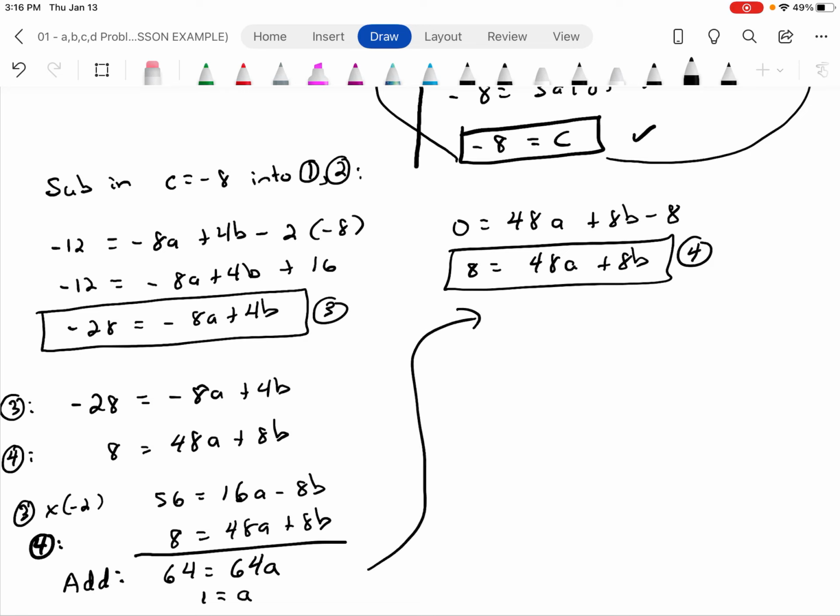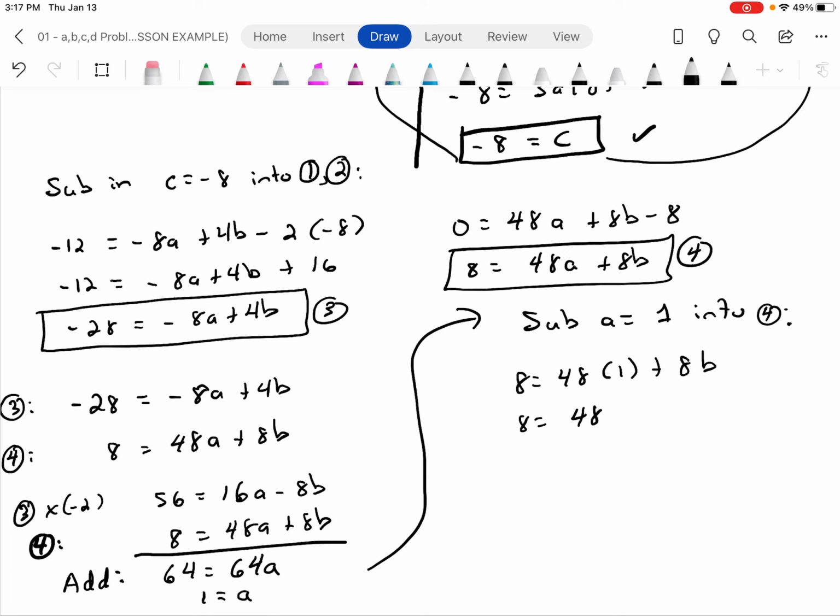And then to get the b, I sub a equals 1 into, well, I'll have several choices. I think the easiest one to sub back into will be equation 4, but it'll work in equation 3. It doesn't really matter what one you put it into. And so I get 8 equals 48 times 1 plus 8b.